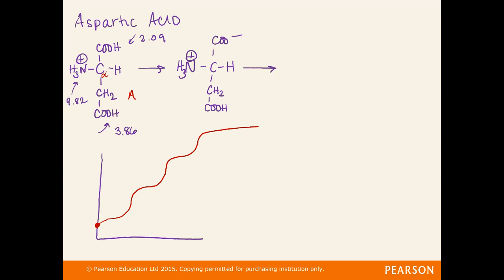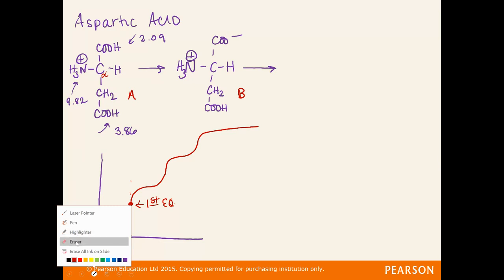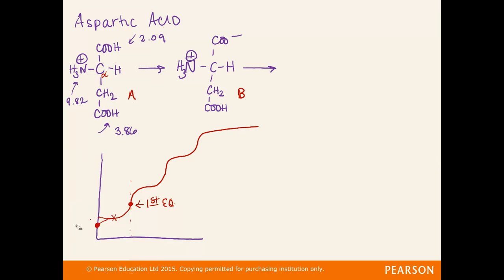All right, so that structure A has now gone into what I would call structure B. And then where do we have only B is in the first steeply rising part, our first equivalence. And then the 50-50 point, halfway there, that's our first pKa at 2.09.